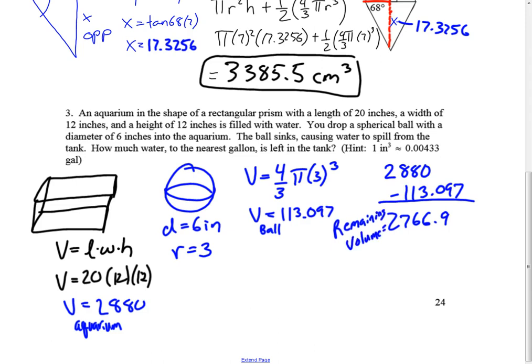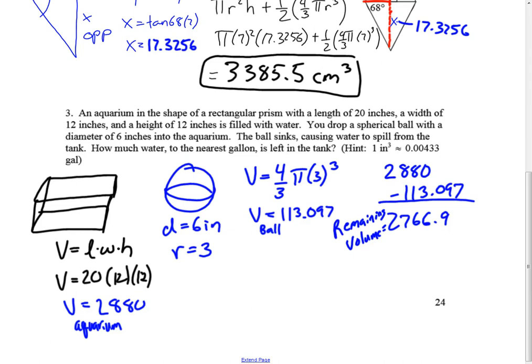Now, if we multiply it by 0.00433, then we will get the number of gallons that we have.